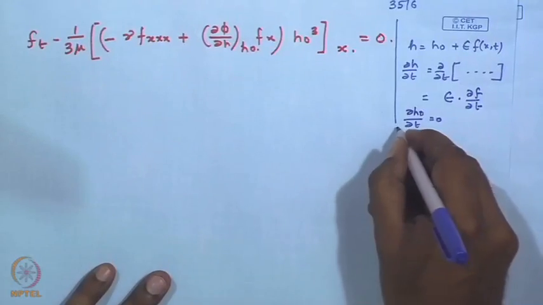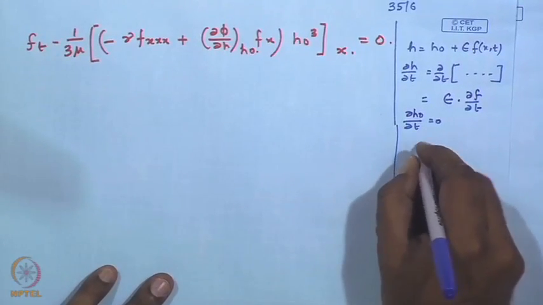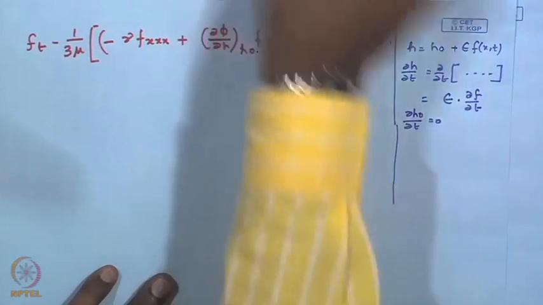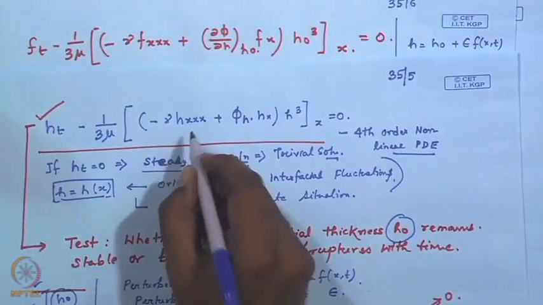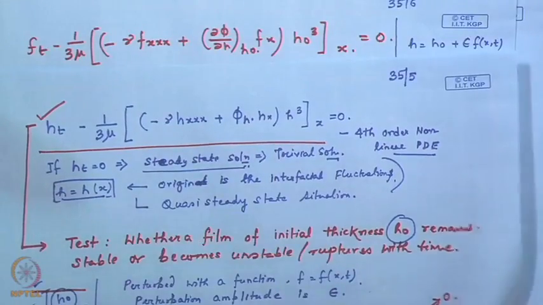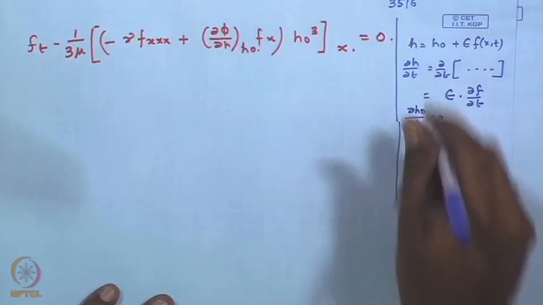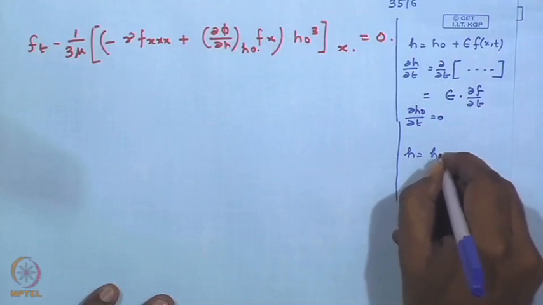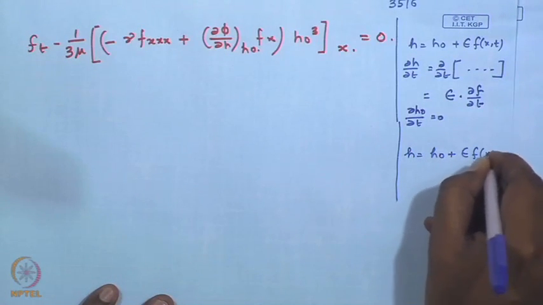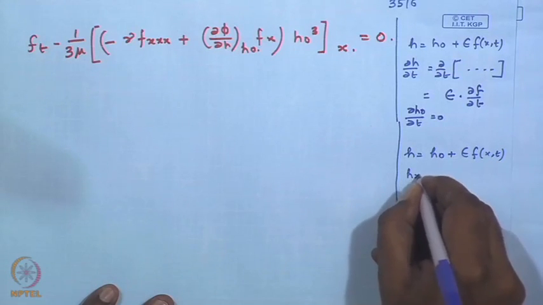Similarly, if you take a term like h_xxx. You have h equal to H0 plus epsilon f(x,t), you take h_x.